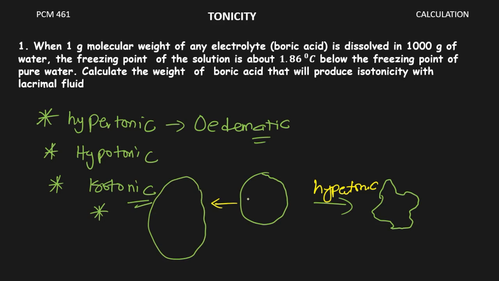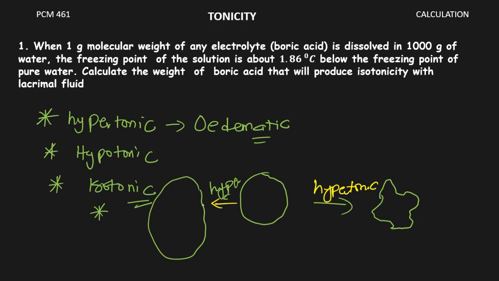Now, consider the movement of fluid through a semi-permeable membrane. For instance, in this case of hypotonic solution, where do you think the fluid will move from? It will actually move from the body fluid into the cell. Because when you are giving hypotonic solution, the concentration of the cells will be higher than that outside.